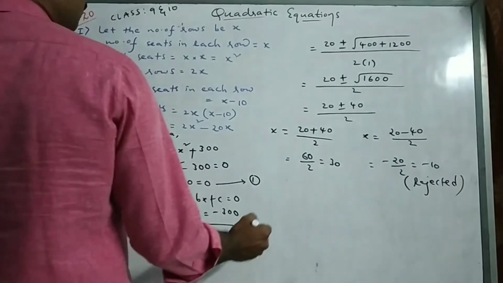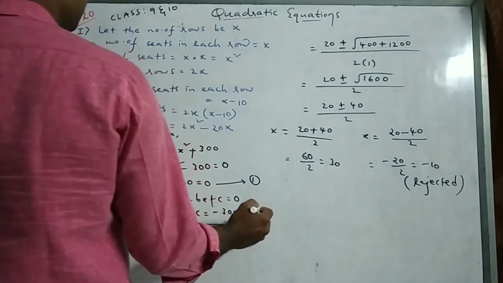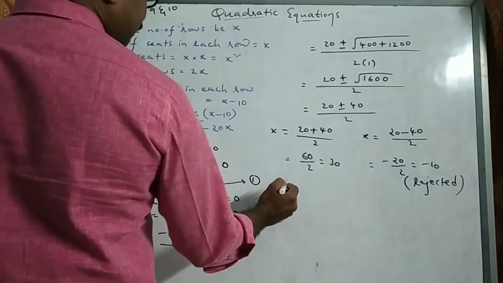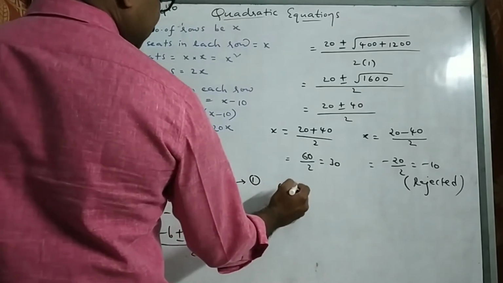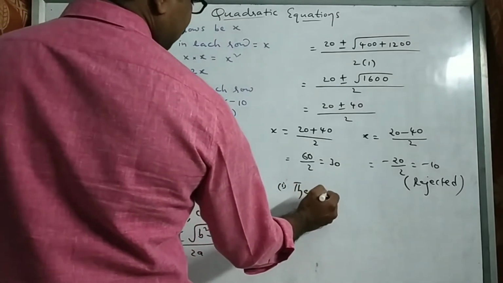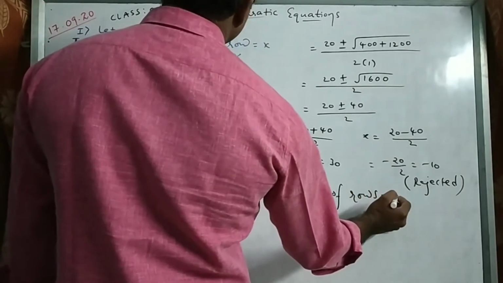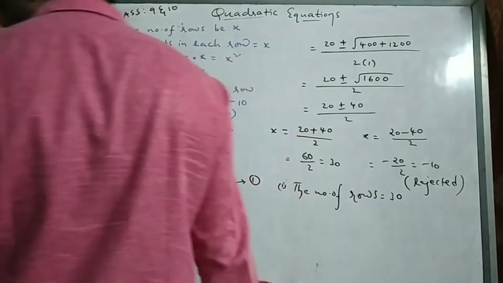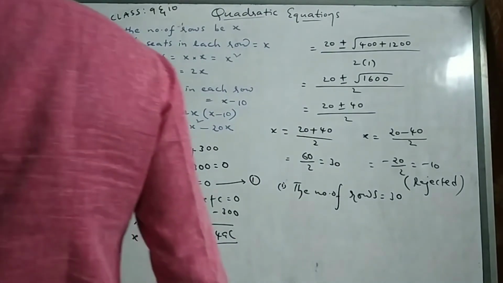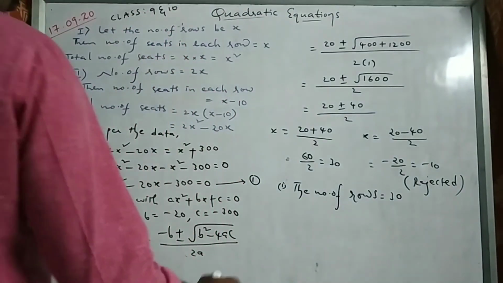So what is x here? Let the number of rows. Therefore, first question: the number of rows equal to 30 in the original arrangement.